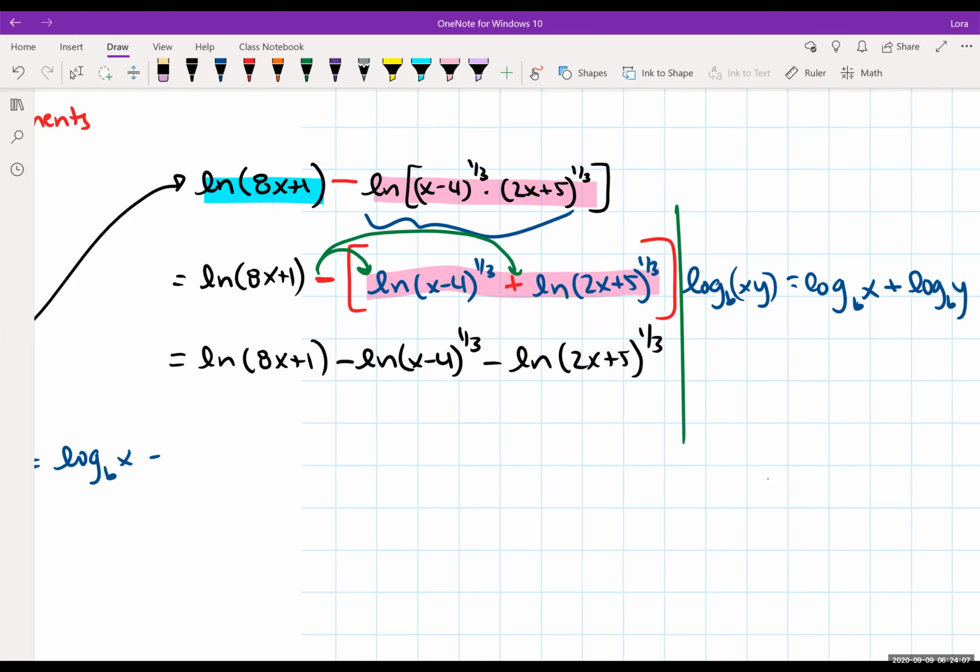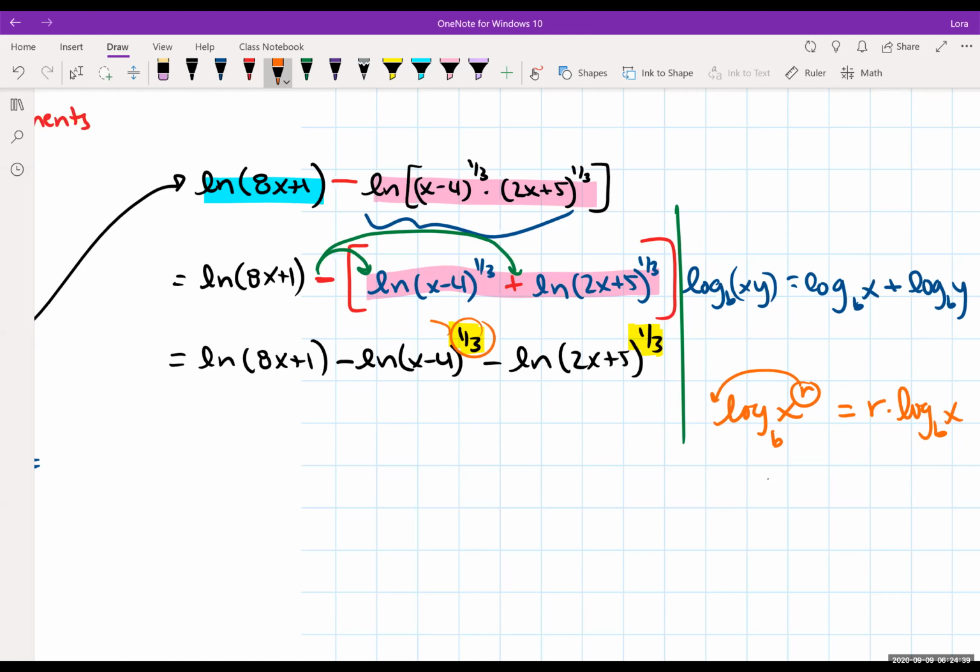The only other thing we have to deal with is, if you will notice along with me, I do see some exponents in the argument. So that's one more property to look at. Remember that property, log base b of x to the r, that allows us to move that exponent along to be the coefficient of the log.